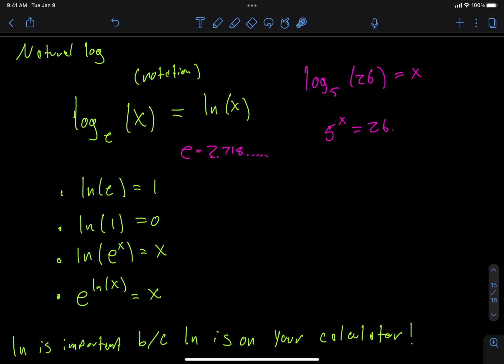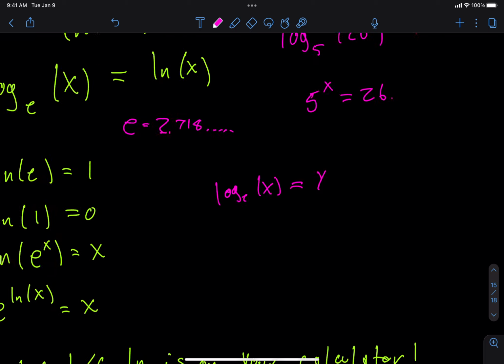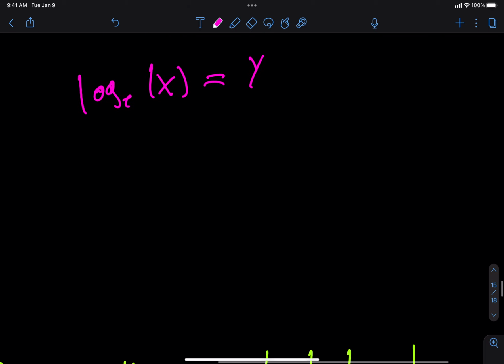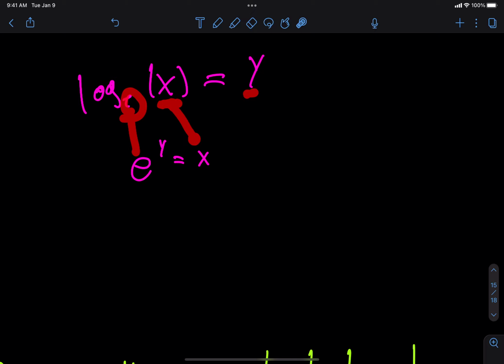So if I take the log e of x, if log e of x is equal to y, then what's the corresponding exponential equation? Yeah, this is e to the y equals x. Log base argument equals exponent. So the base is e, the argument is x, and the exponent is y.